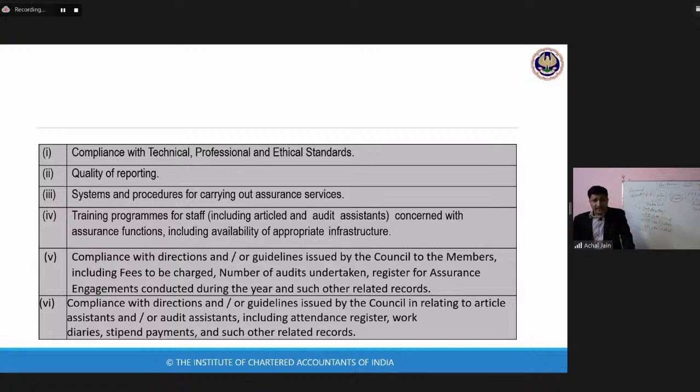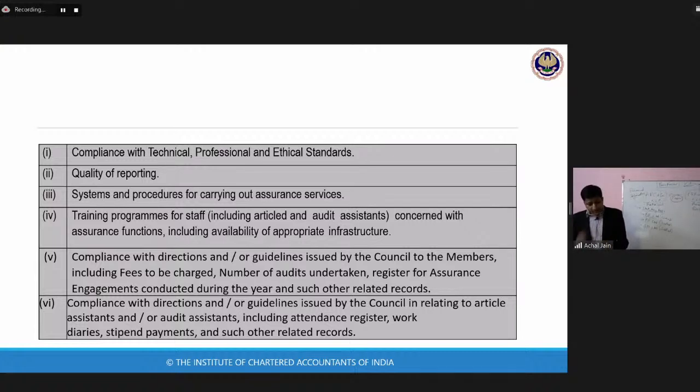Now, this is another area which is important in relation to the articled assistants, audit assistants, and that's why this is again something that will be reviewed by the peer reviewers. Okay, clear on this?